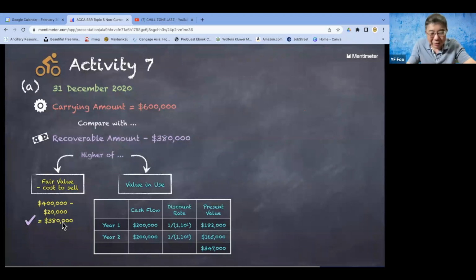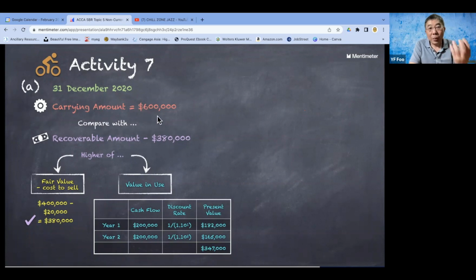Whether you sell it or not is not important. We're not saying that you're actually going to sell the asset, okay? But we are arguing that we use the higher of the two because that higher value would be more relevant to you. So therefore we take 380,000 as the recoverable amount.